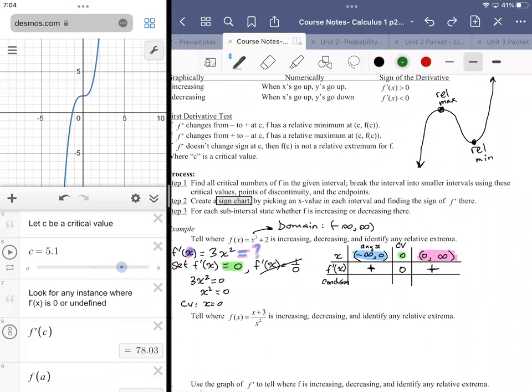You'll see here that the slope is positive. You're going uphill going into that relative maximum, the slope is positive. Coming out of that relative maximum, the slope is negative.